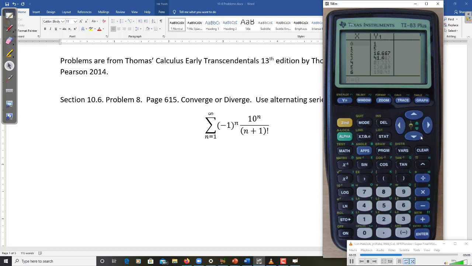Let's look at the table. It's not showing up on the graph, but I think it will on the table. Alright, so 0, 1, 2, 3, 4. It looks like eventually it's non-increasing. The 10 to the n wins out initially, but then the factorial finally catches up with it. And we get tinier and tinier numbers. So yeah, it should satisfy the conditions eventually.